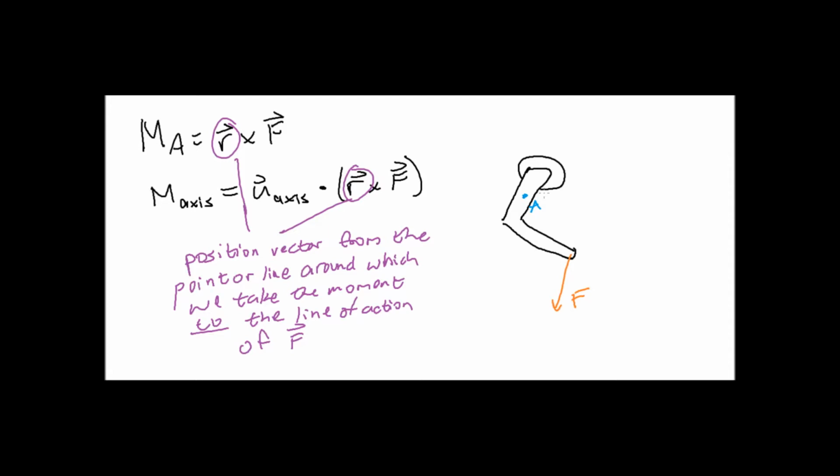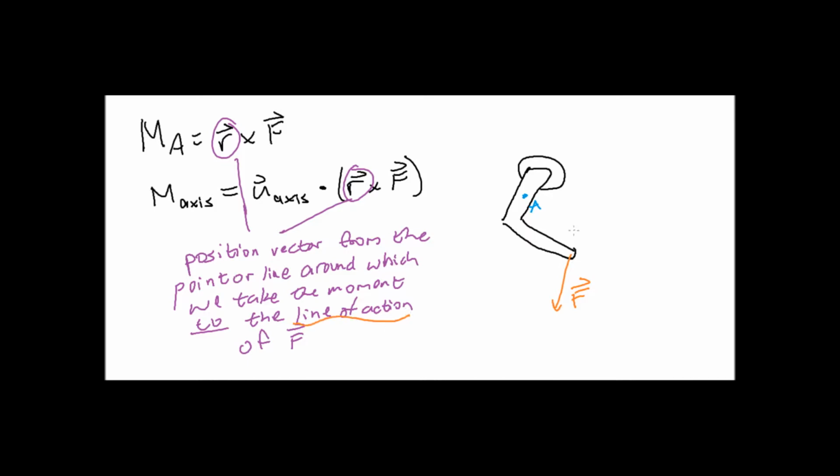According to our definition, the r that we should be picking is just any position vector from the point A, about which we're taking the moment, towards the line of action of F, which is actually missing a vector sign here.